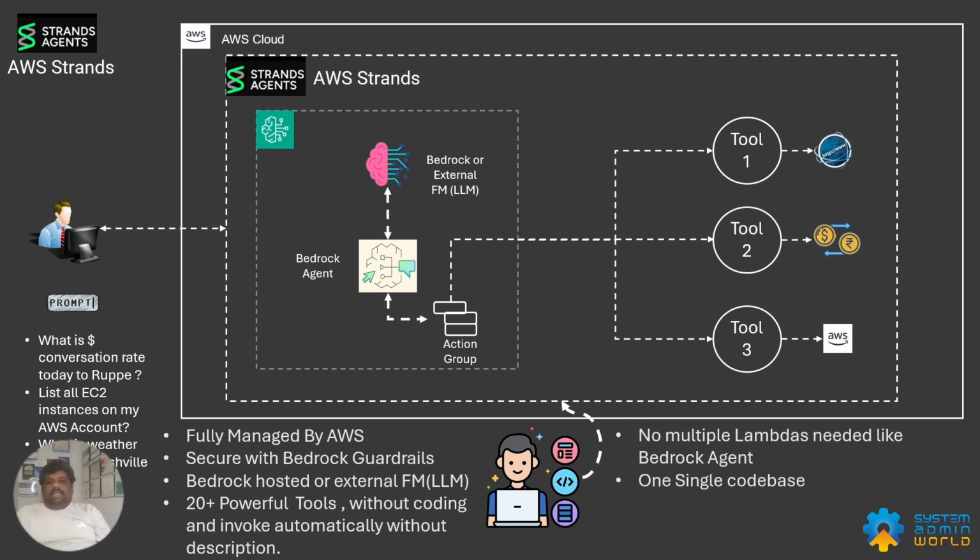AWS Strands is a framework designed to simplify the development of AI agents by using a model-driven approach, where the agent powered by an LLM, like one from Amazon Bedrock, is responsible for its own orchestration and design.